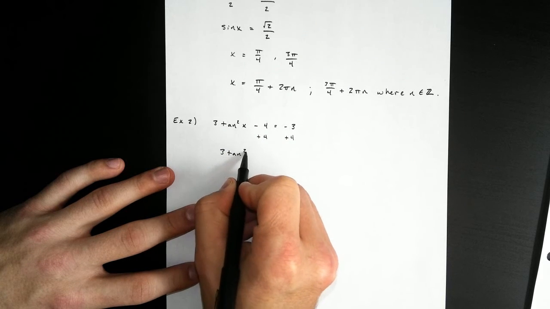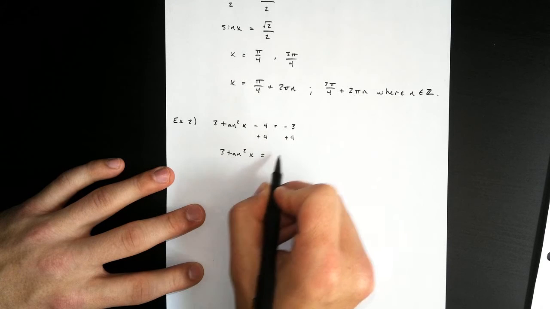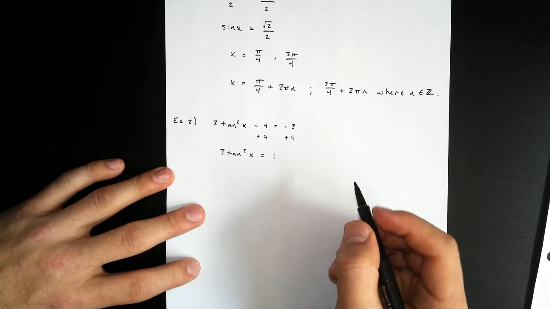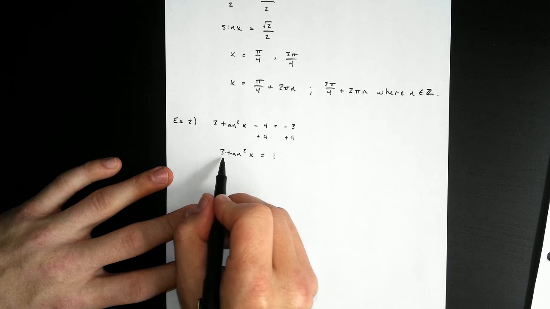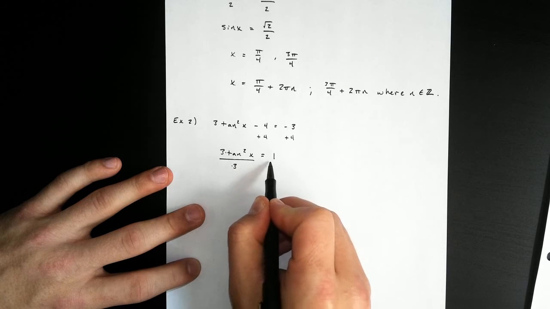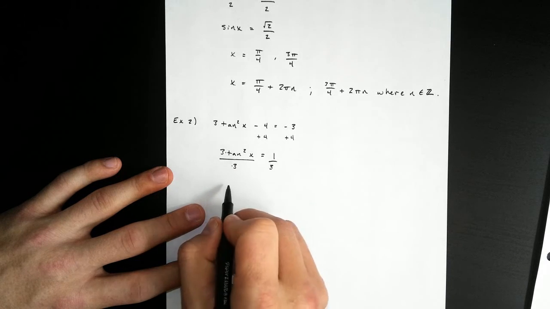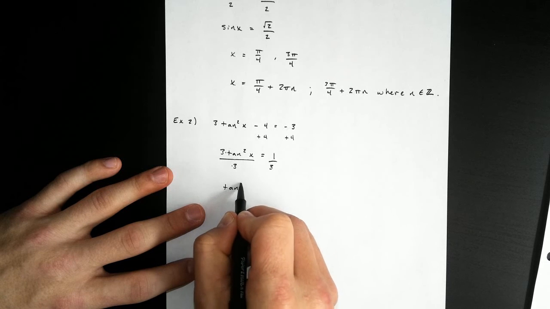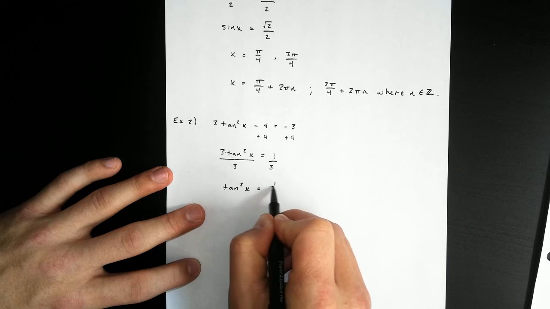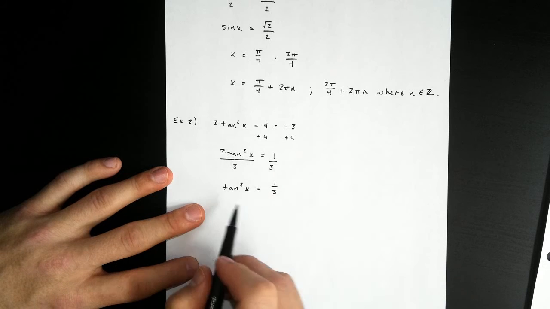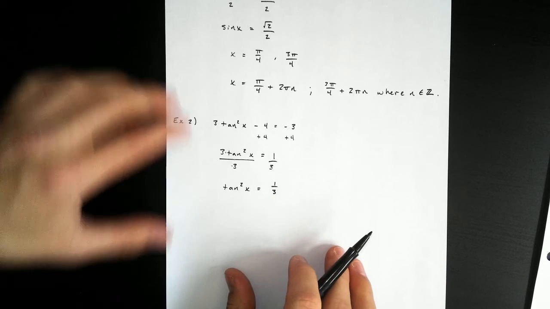3 times the tangent squared of x equals negative 3 plus 4, we get 1. We have multiplication here, so to isolate, we'll divide by 3. So that leaves us with the tangent squared of x is equal to 1/3. Alright, so it's the tangent squared.